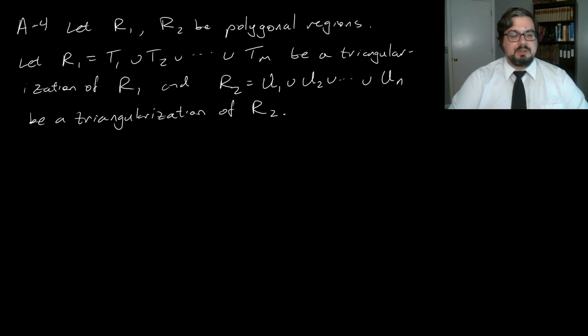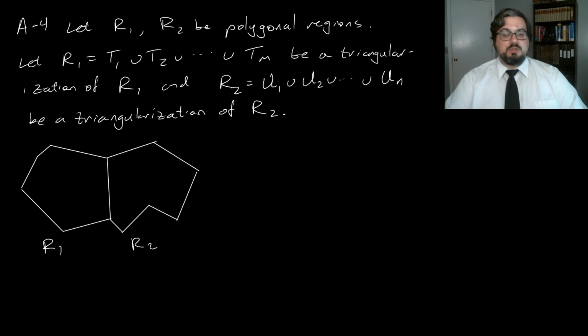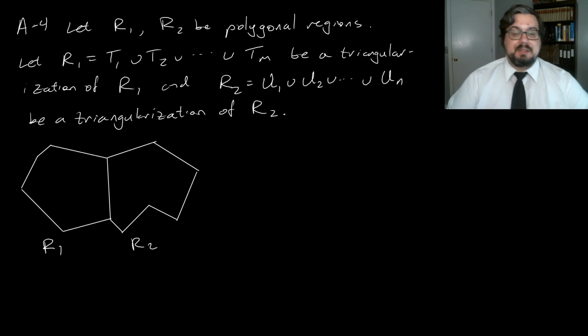So the picture that we want to have in mind is something like the following. We have a polygonal region R1 here, a polygonal region R2 here. And we want to show that the area of the whole region is equal to the sum of the areas of each one.